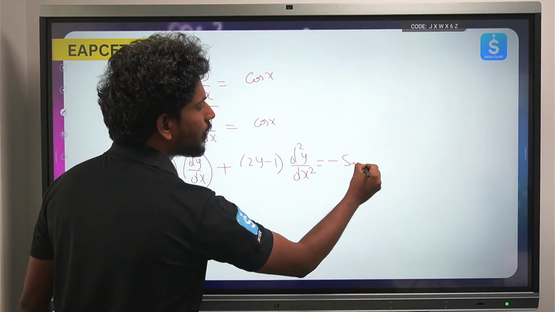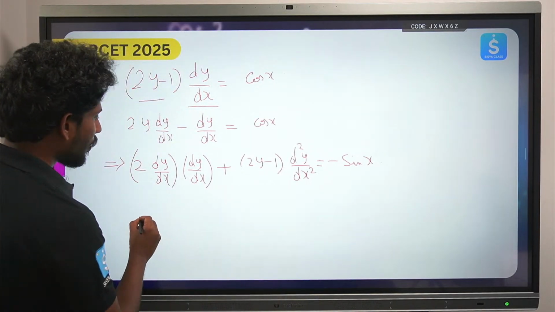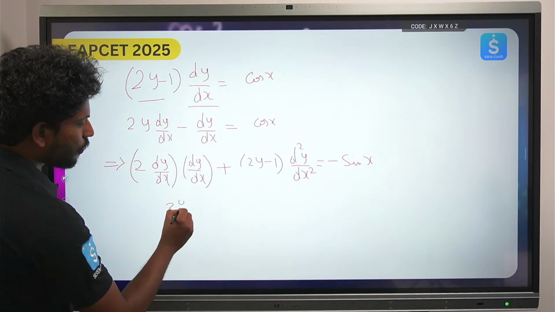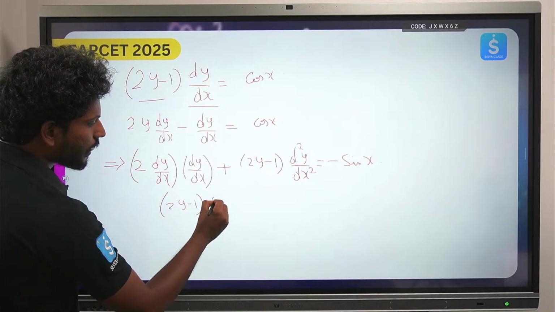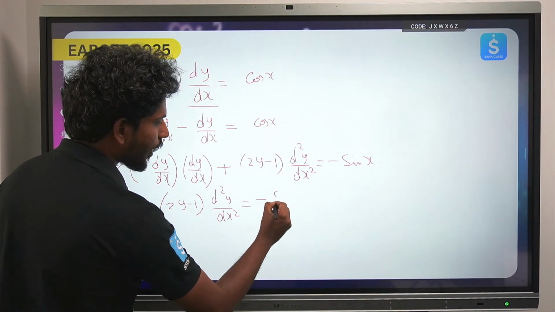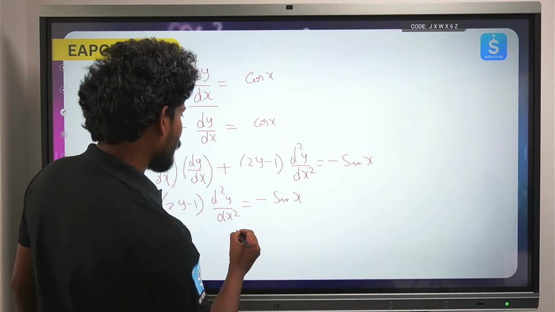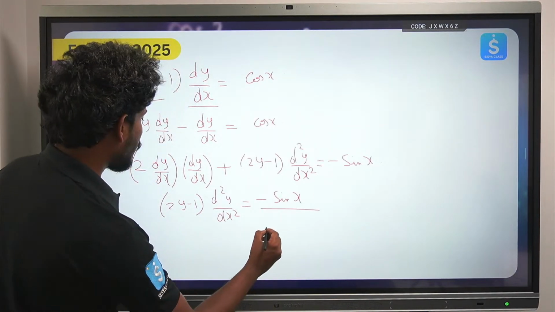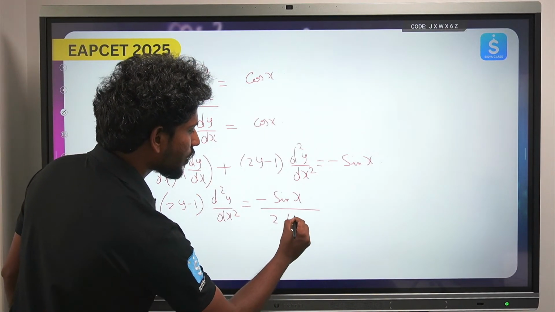Minus sin x. Now ultimately this becomes 2y minus 1 into d square y by dx square is equal to minus sin x by 2 into dy by dx whole square.